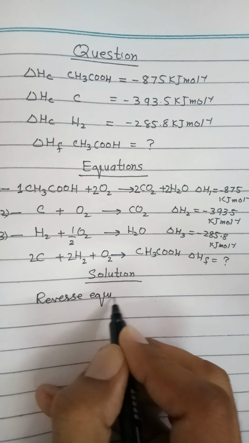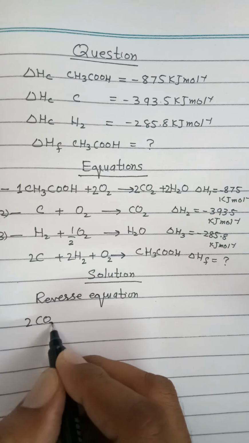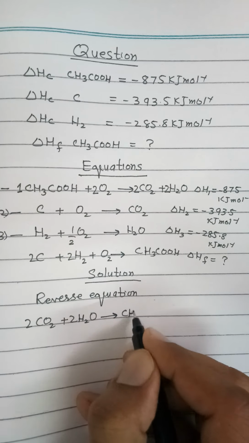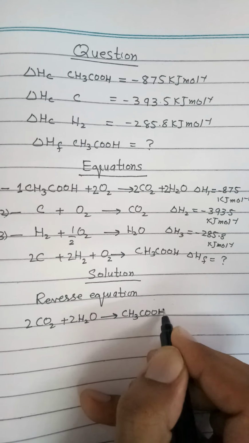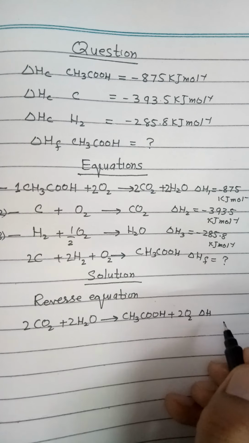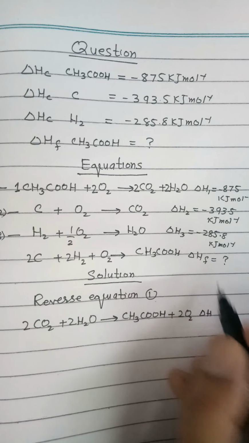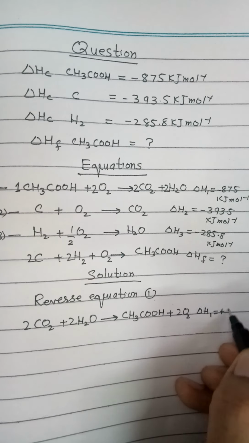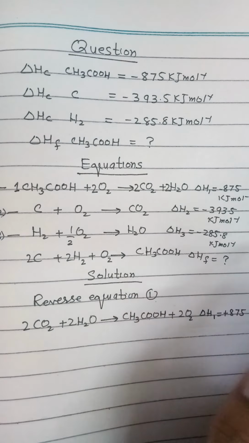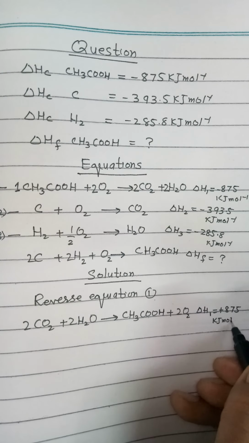As equation 1 is reversed, we will write products on the reactant side and reactants on the product side. And as we are reversing equation 1, delta H will also be reversed. Over there it was of negative sign, so we will represent it with the positive sign, plus 875 kilojoule per mole.